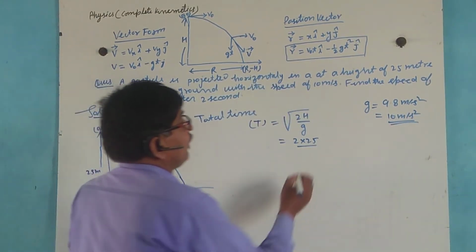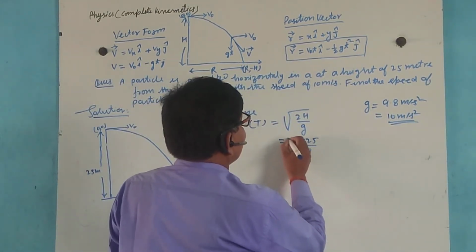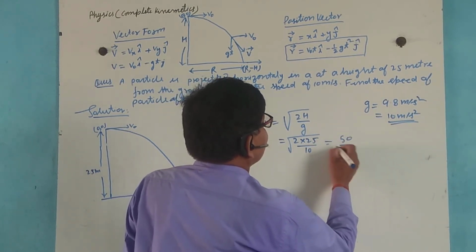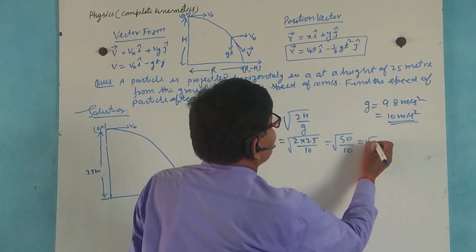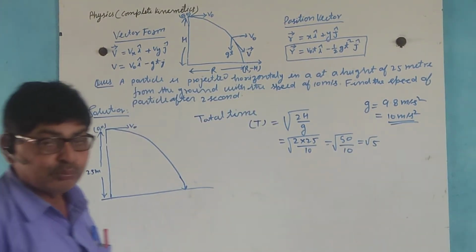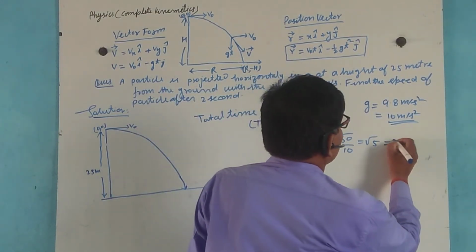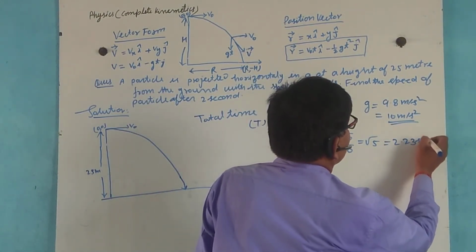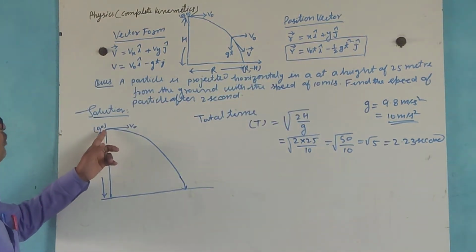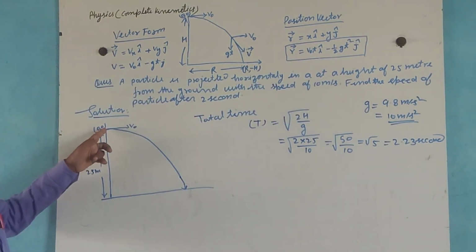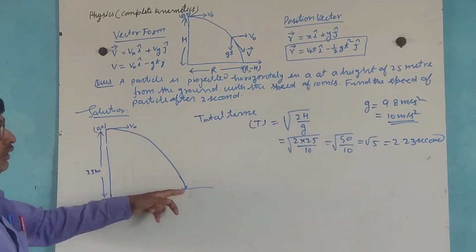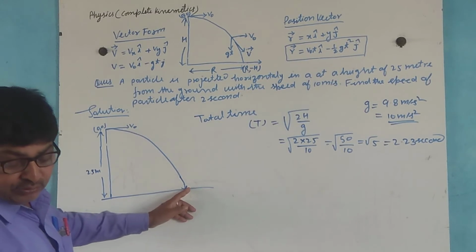Now divided by 10, under root, this is 50 by 10, so this is under root 5, which equals 2.23 seconds. This is the total time of flight, the time the particle takes to come from the initial point to this point on the ground.